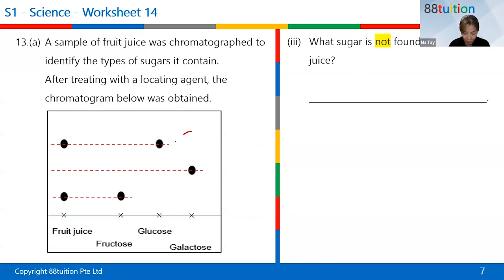So you have the first one indicating these two spots actually traveled the same distance. So glucose is found inside the fruit juice. Another one is actually fructose. And then this is the one that is not found. So this is not in the fruit juice. Since you cannot see any of it appearing, this is our answer.